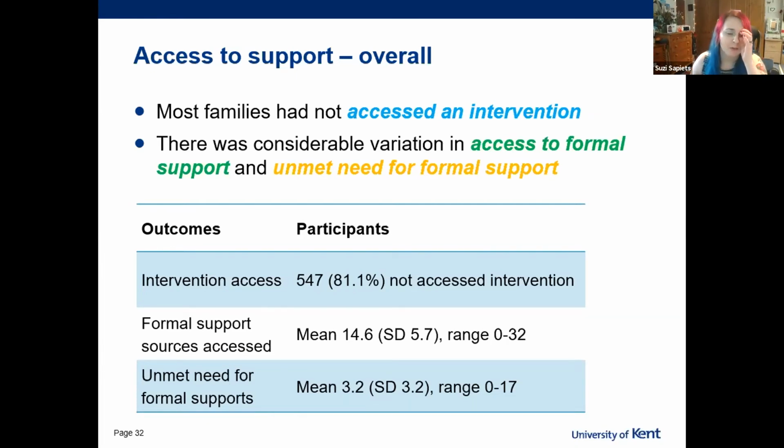And families reported a mean of 3 professionals they had an unmet need for support from, but this ranged for individual families from 0 all the way up to 17 specific supports of unmet need. So Caitlin and Sophie are now going to talk you through our findings regarding the relationship between area deprivation and access to support based on these 3 outcomes.